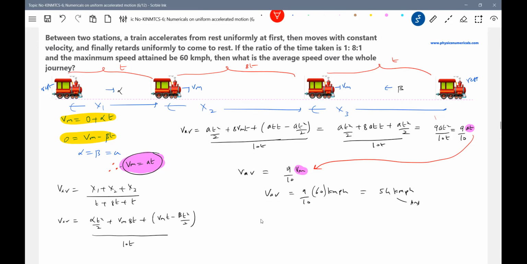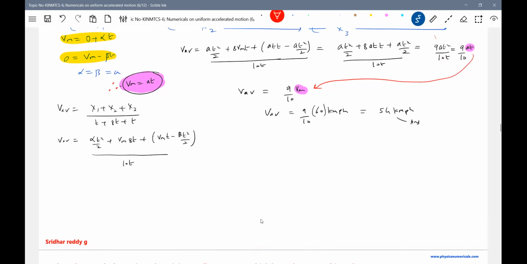Okay, again, what about the graph? Because every time I'm insisting on the graph. Again, the same methodology for the graph. I'll try to accommodate here only. First, the train will accelerate, uniform velocity, then retardation.